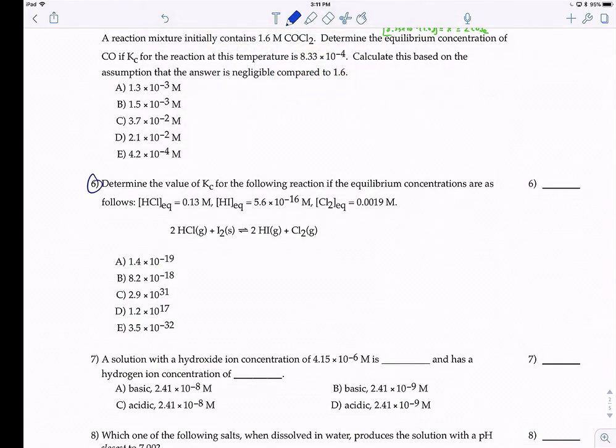Okay, determine the value of Kc for the following reaction if equilibrium concentrations are as follows: 0.13 molar hydrogen chloride, hydrogen iodide 5.6 times 10 to the minus 16, chlorine 0.0019. So the Kc, this is products.